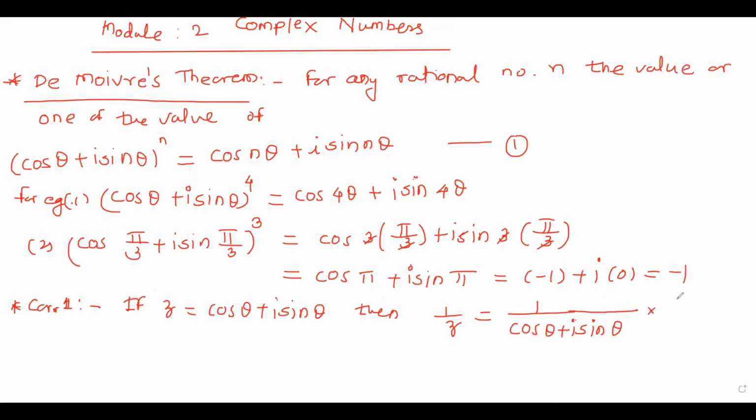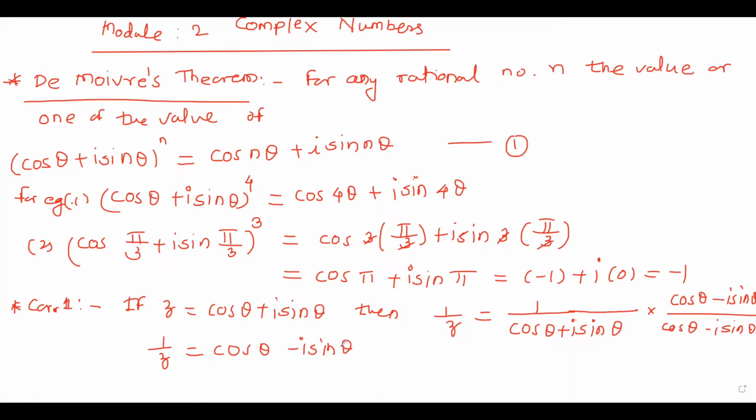So this will be cos theta minus i sin theta divided by cos theta minus i sin theta. The denominator becomes cos square theta plus sin square theta, because i square is -1, so minus of -1 becomes plus. So 1 upon z is nothing but cos of theta minus i into sine of theta. This is the corollary.